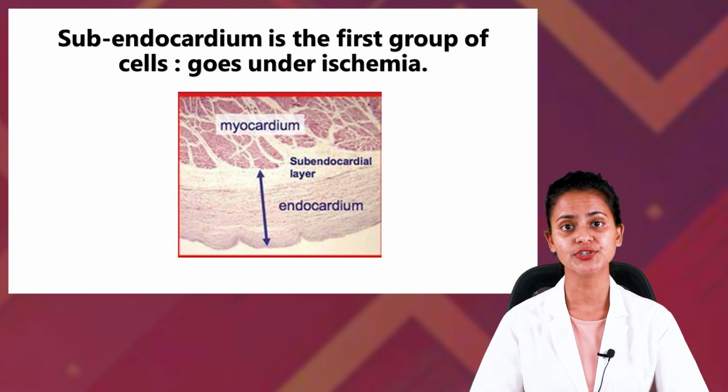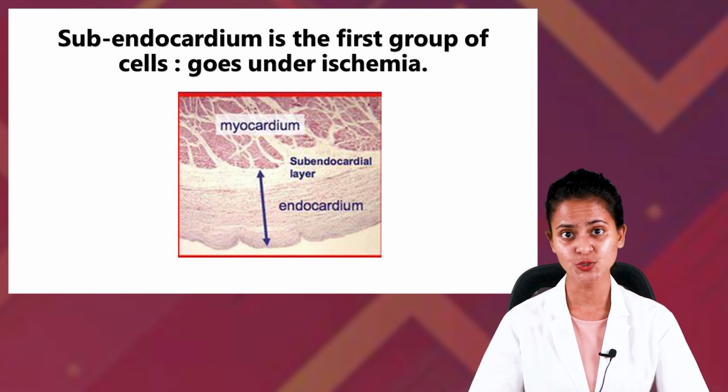The earliest tissue to become ischemic is the subendocardium. So the subendocardium layer of the heart is the primary tissue that is more prone to go into death in the initial period after 20 minutes, if the blood supply from the coronary arteries is not reversed.